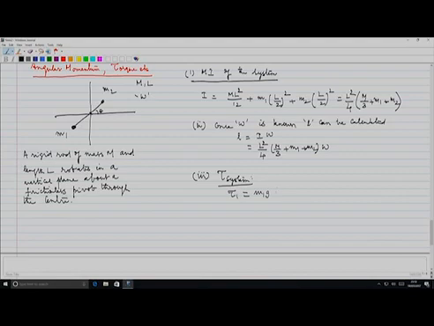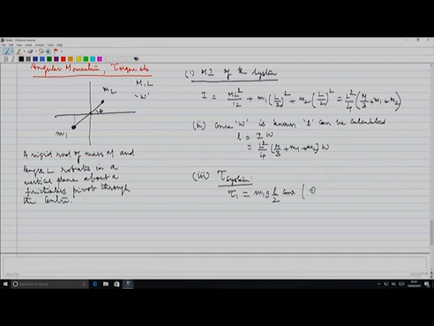Okay, m1 g into L by 2 cos theta. Similarly, this distance.